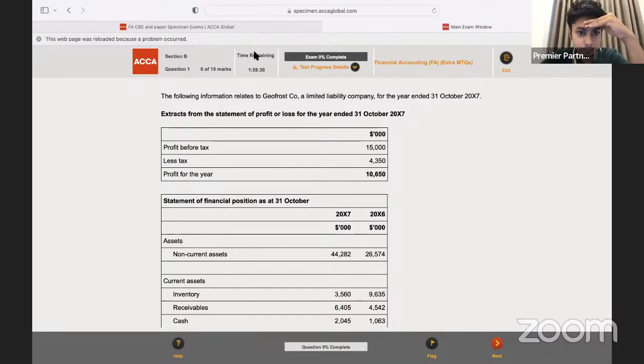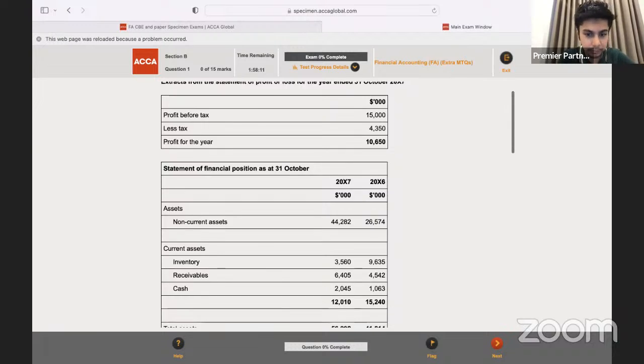Number 1. The following information relates to Geofrost, a limited liability company, for the year ended 31st of October 2007. Extracts from the statement of profit or loss for the year ended 31st of October 2007 are given. So they have given you profit before tax, less taxation, profit for the year.